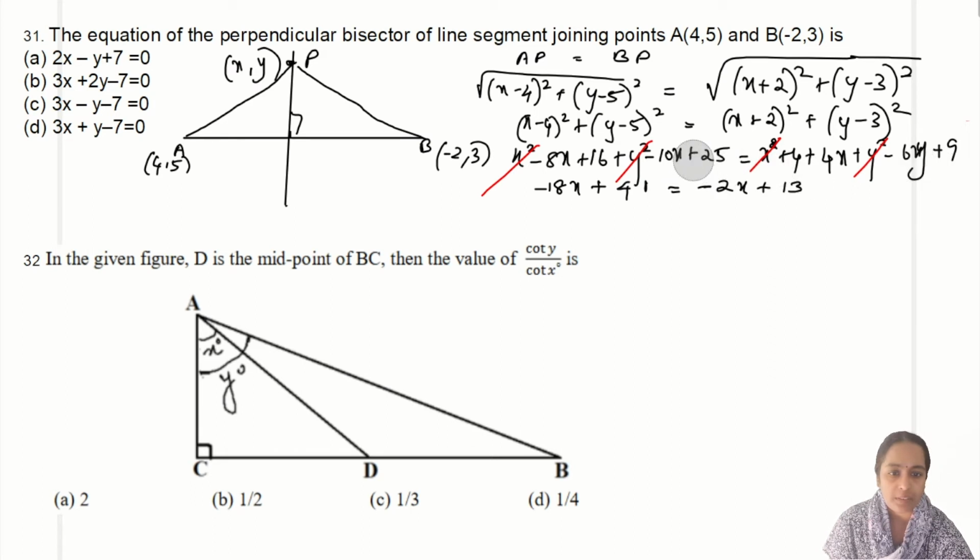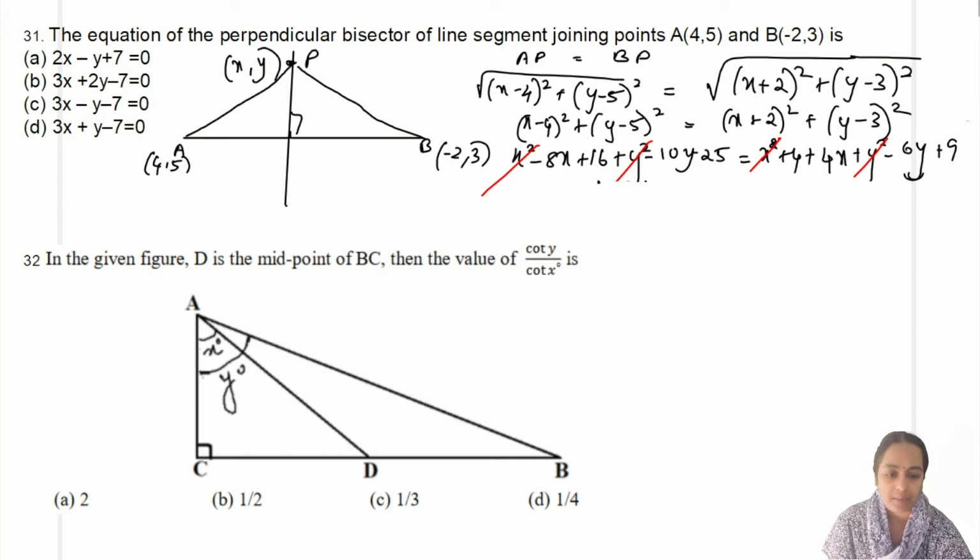Let me do the corrections: it is y square minus 10y on the left, and y square minus 6y plus 9 on the right.